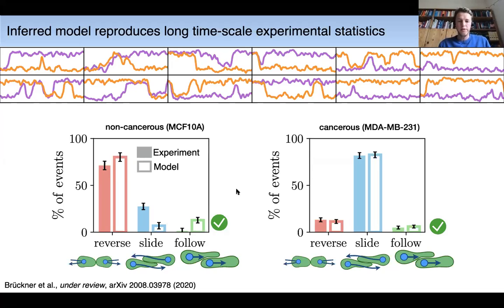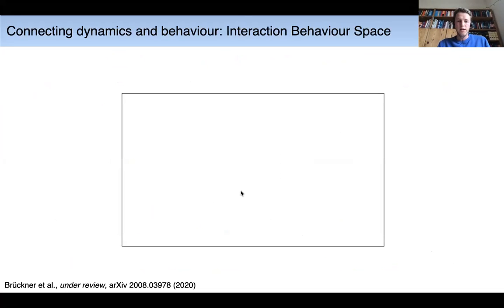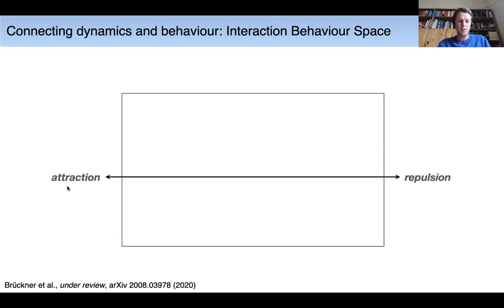But we now wanted to try and generalize this framework that we've built here beyond the two specific cell types that we observed in this experiment. And so to do that, we realized that we can actually draw a two-dimensional phase space spanned by the cohesive component, which can range from attraction to repulsion, and independently the frictional component, which can be anything from friction to anti-friction.